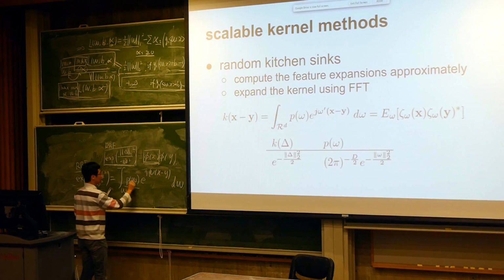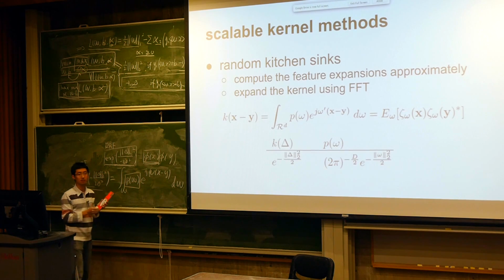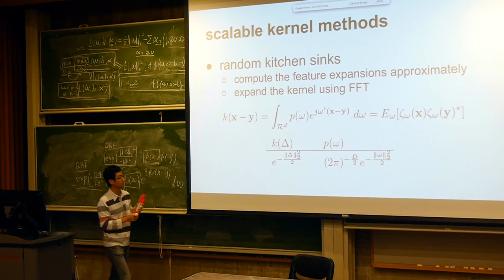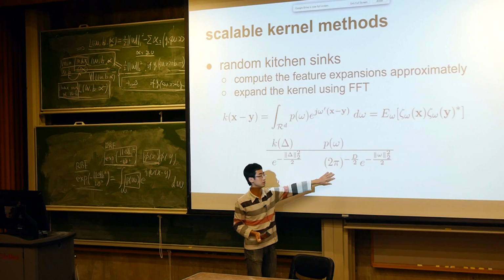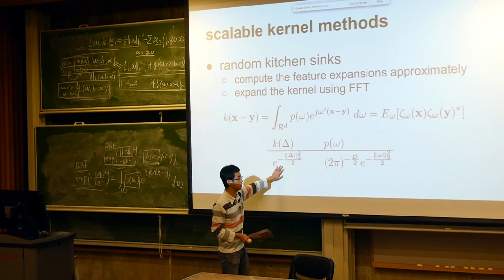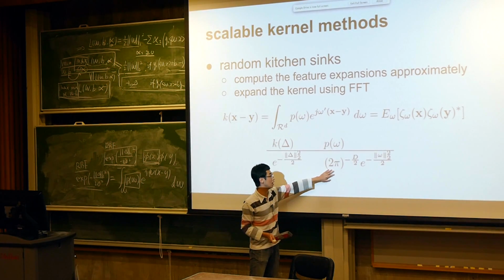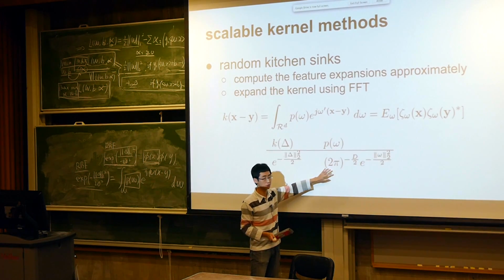And this spectrum function is also Gaussian, just as the original RBF kernel is Gaussian.